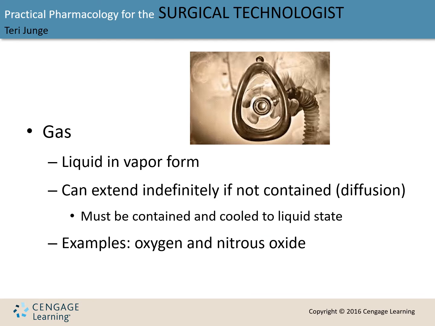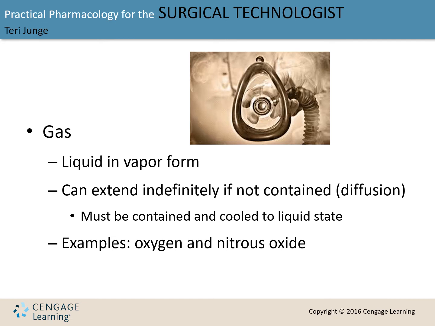So a gas is a liquid in its vapor form, and I don't know about you guys, but I just find it absolutely fascinating that oxygen's boiling point is negative 297.4 degrees Fahrenheit. So that means for it to be in its liquid form, it has to be cooled below negative 297.4.